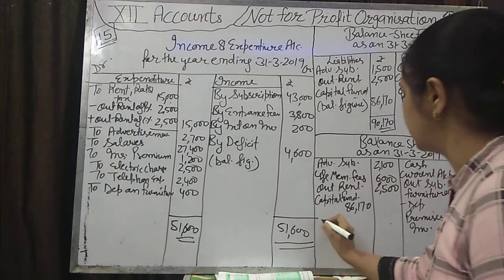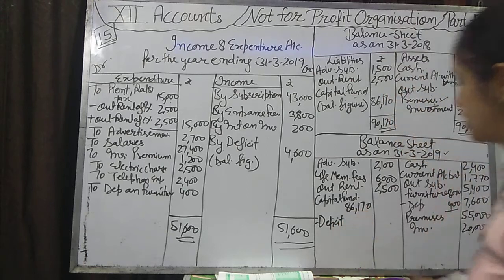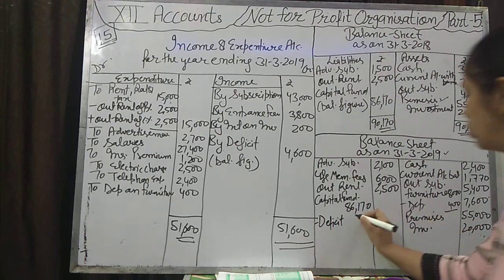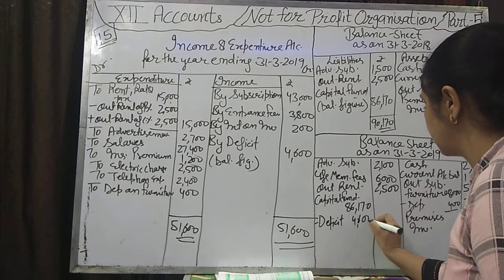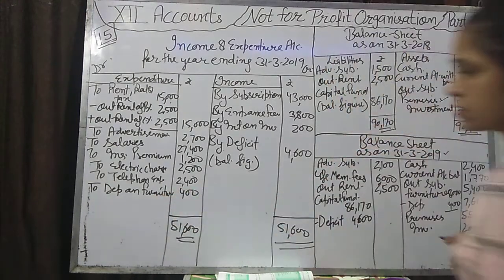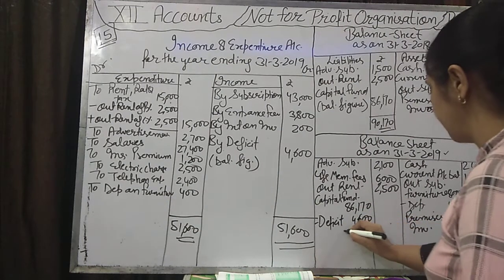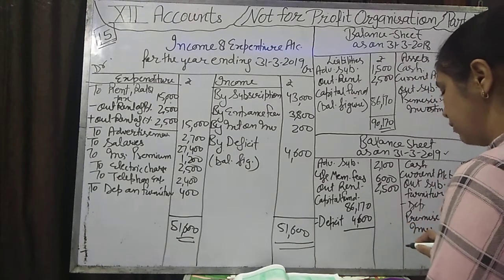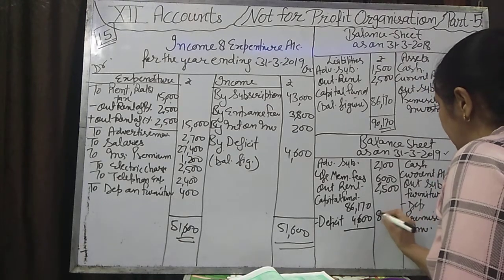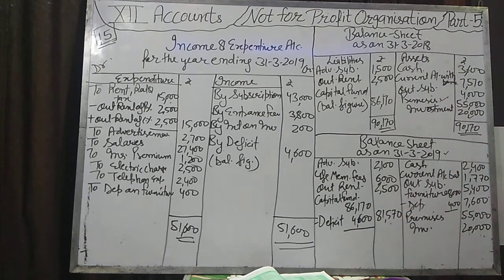You will deduct this deficit 4,600. If we have got surplus in the income and expenditure account, that we will add in the capital fund. By deducting this we will get 81,570.